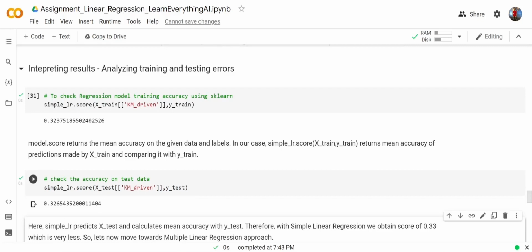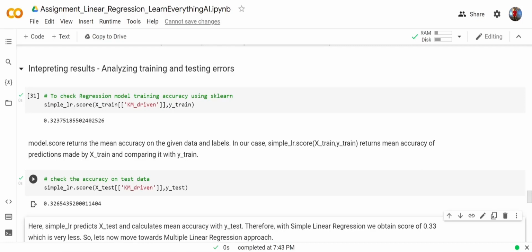But one important thing to note here is that we have obtained almost the same score for the training as well as the testing analysis. And this will help us in determining that our model is neither overfitting nor underfitting, because we have obtained a similar accuracy. It is not happening that the training accuracy is very good and we have a bad testing accuracy, so the model is not overfitting.